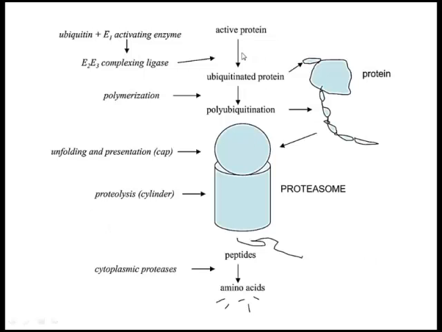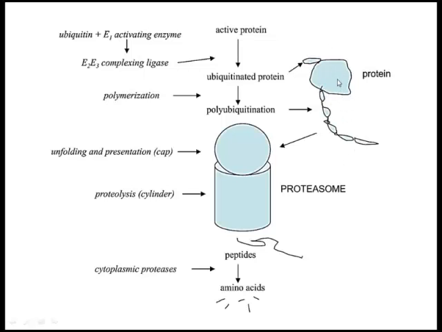So this is the active protein. Now this is the ubiquitin protein. If there is more than one ubiquitin, this is a target for degradation. If just one ubiquitin molecule joins it, it's called ubiquitination, but if more than one ubiquitin protein joins, it is called polyubiquitination.